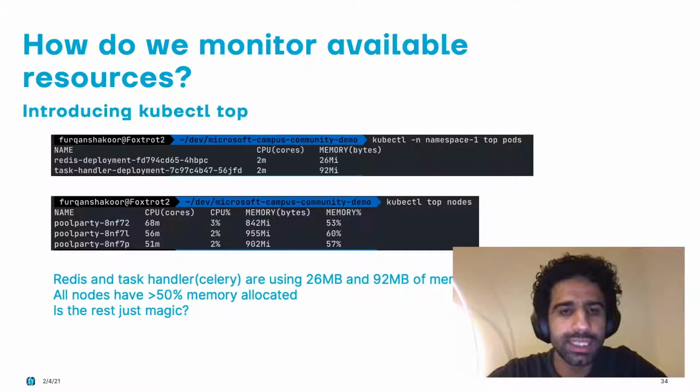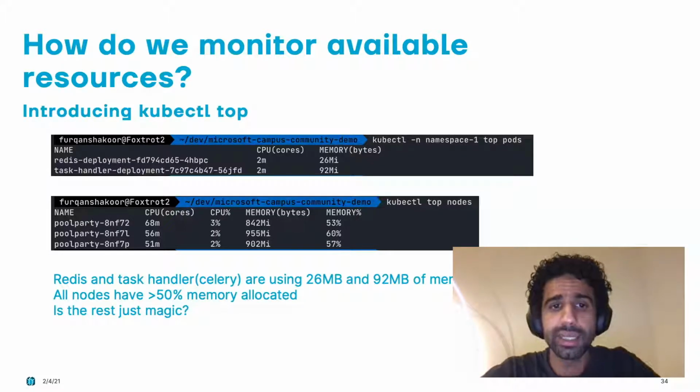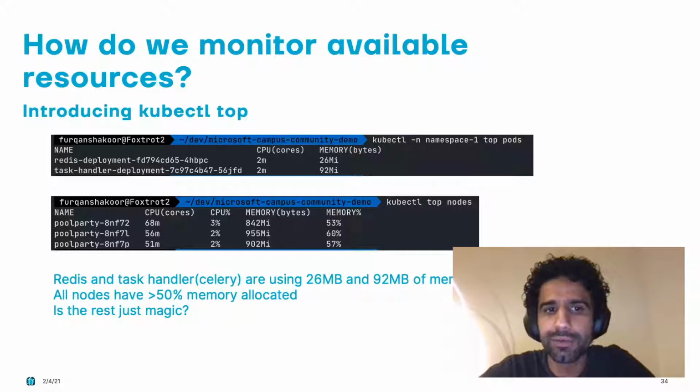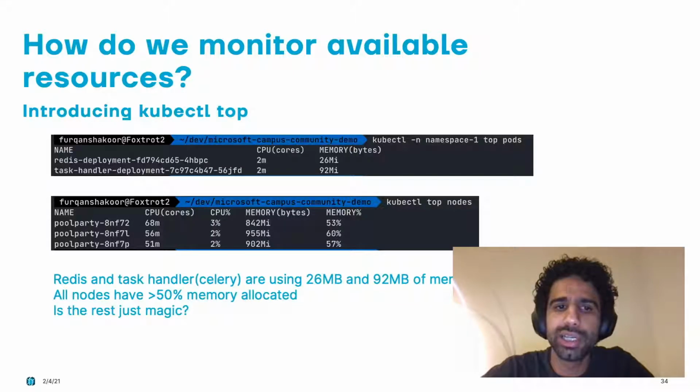In CPU, you see this 68M, 56M. This notation I didn't understand in the beginning. It's just M stands for milli CPUs. So if you imagine one CPU core is 1,000 milli CPUs, each node that I've got for this cluster has 2 virtual CPUs. So that means each node has a capacity of 2,000 milli CPUs.